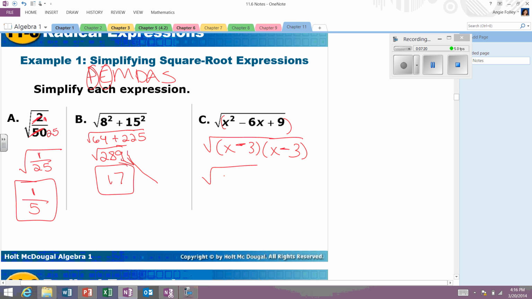This means I can rewrite this as x minus 3 squared, because it's x minus 3 times x minus 3. And that makes that whole quantity go away. So my answer is just x minus 3. Okay? So I took the square root, so it takes away one of those x minus 3's.